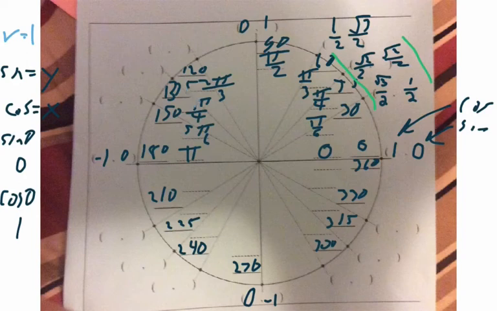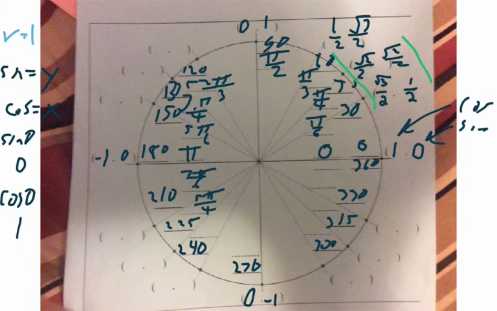And I'm just doing this by multiplying by pi over 180 for each of these. And remember, the same reference angles all have over 6. Five pi over 4.